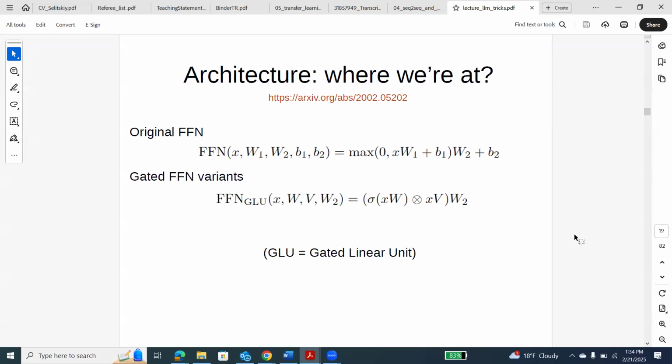Well, there is another trick in the feed-forward module. As you remember, after attention there is also a feed-forward module with 2 linear layers.